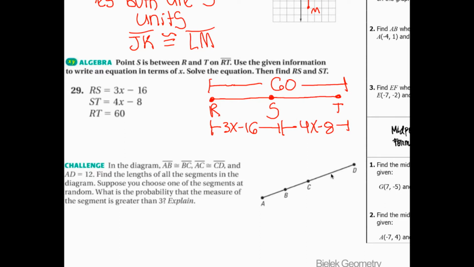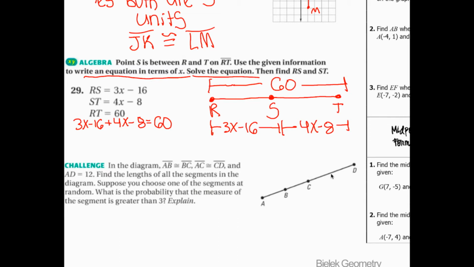Okay, so going back to what are we trying to do? First thing, write an equation in terms of x. So I know that 3x minus 16 plus 4x minus 8 is 60. So that's going to be my equation. Then second step, solve the equation.